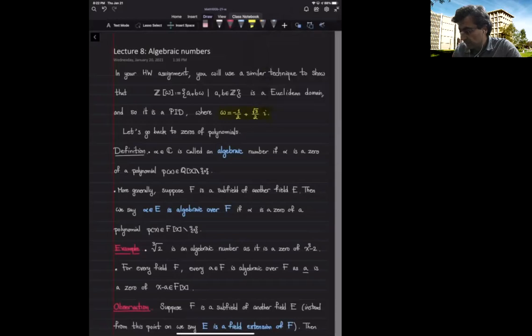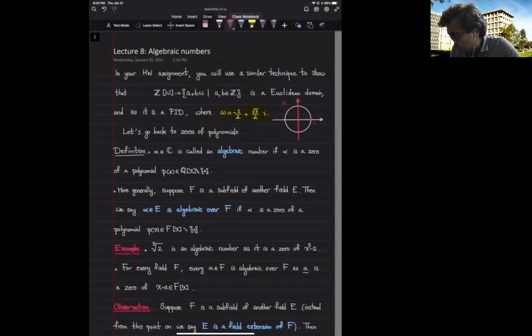Let me see. So if this is the unit disk, and these are the axes, the real axis and the imaginary axis, then this is 1, and then I have omega over here.